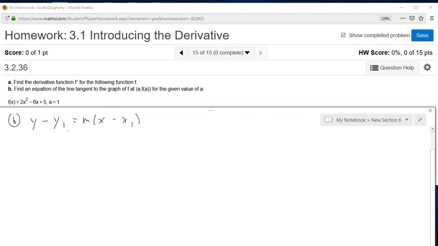And that's called the point slope formula for the line. And so what we have to fill in here is the slope, which is m, and then a point on the line, the slope of the line and some point x1 comma y1 that is on the line.